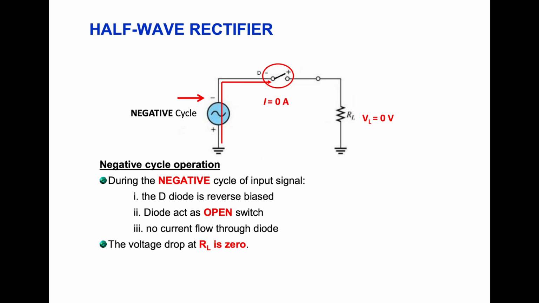Just now the voltage drop here is the same as the input signal at the positive cycle magnitude. Now during the negative cycle, the diode is reverse biased, and then the diode acts as an open switch, and there's no current that flows through the diode, and from that the voltage drop at RL is equal to 0.